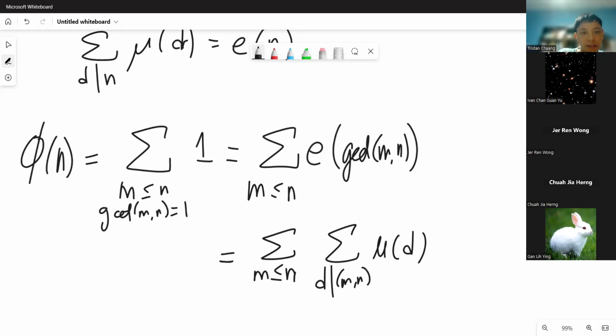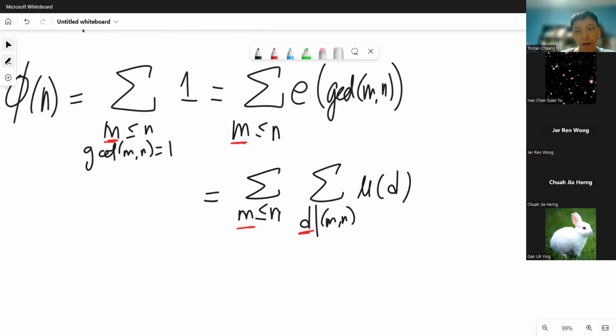Let's underline which variable we're focusing on. So this is m, this one is m, this one is m, this one is d. So n is fixed, but m is not. Now I'm going to swap summations.